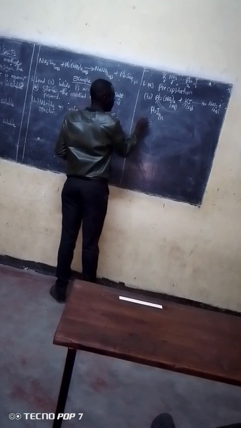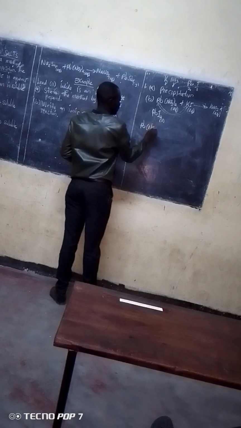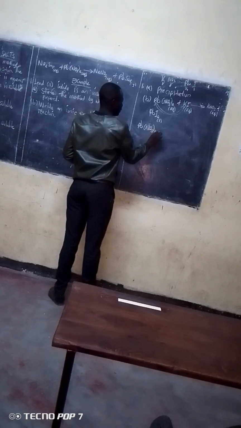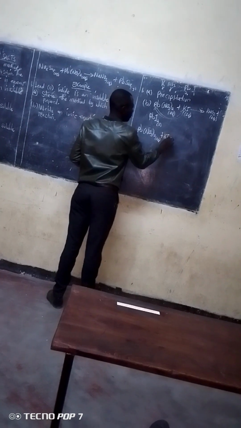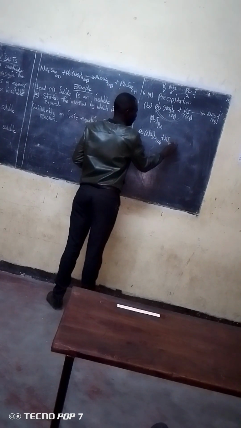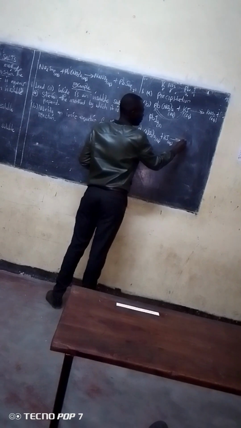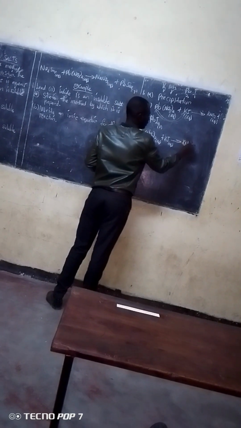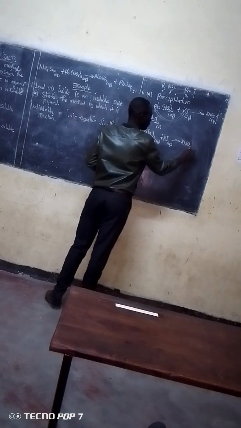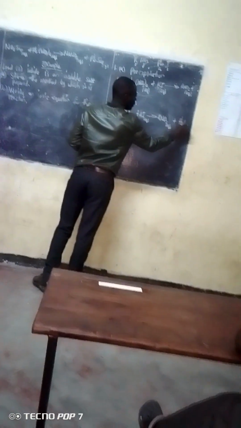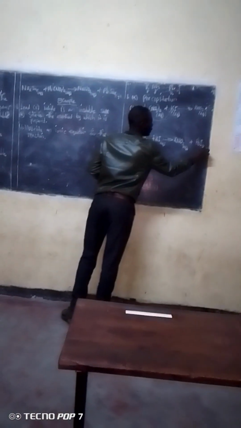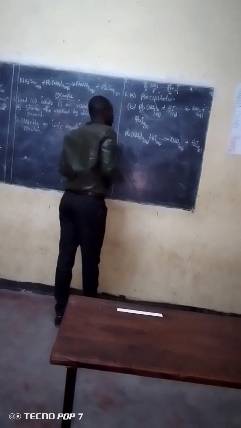So we have lead(II) nitrate, like this, and potassium iodide. Then we have this one, which is in aqueous, plus lead(II) iodide, this one is in solid state.